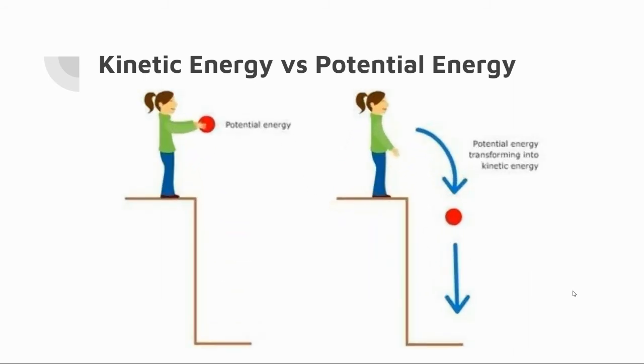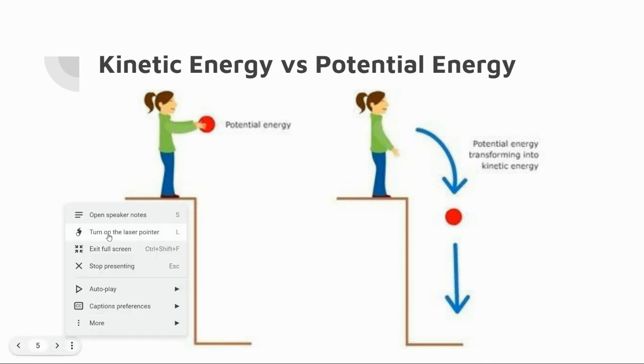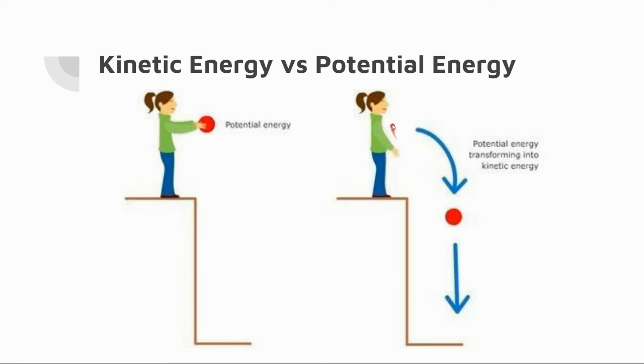So let's talk about kinetic energy versus potential energy. When an object is in motion, that's called kinetic energy. Here the ball is moving, and essentially it is exhibiting what we call kinetic energy.